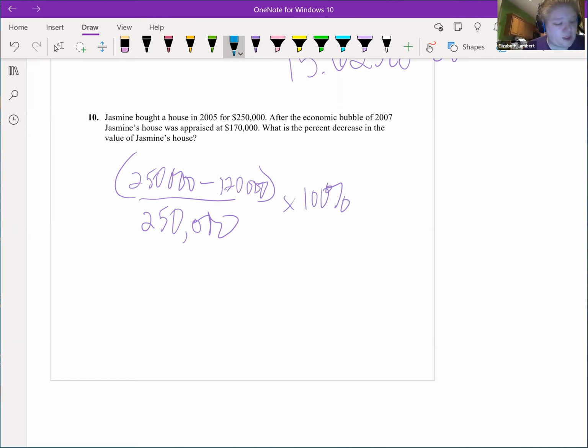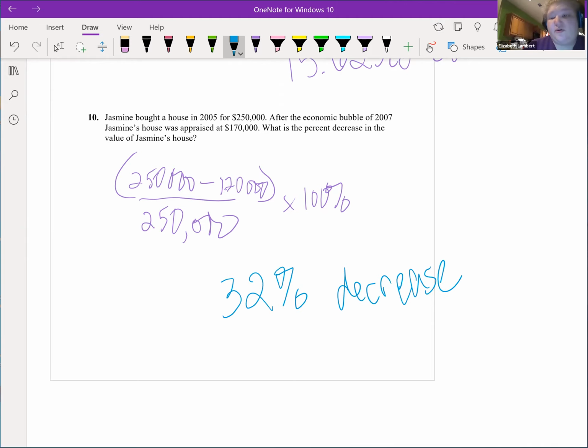So 250,000 minus 170,000, that's 80,000, divided by 250,000 times 100 is 32. So a 32% decrease. So it decreased by almost a third. Ouch.